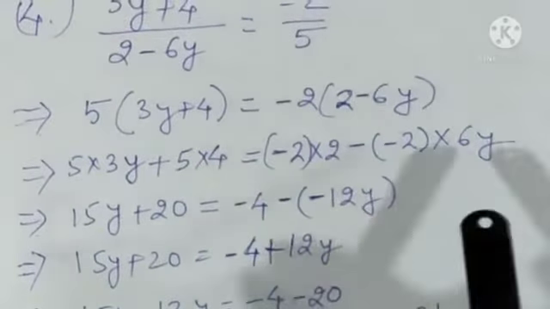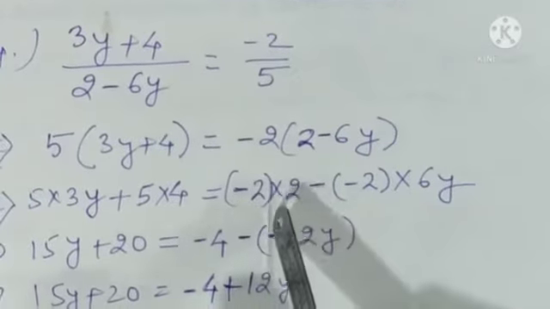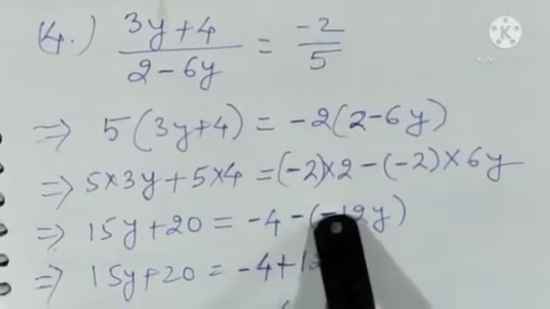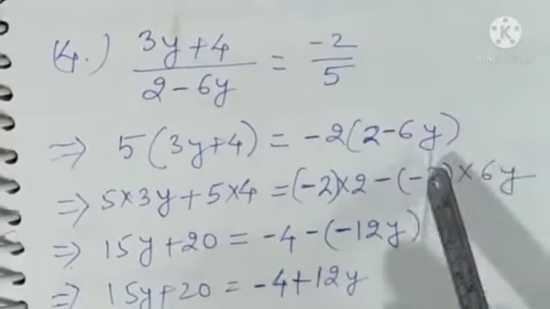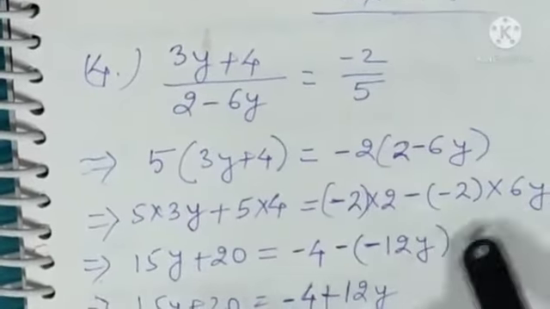Now the second term: you simply multiply 2 into 6, which is 12, and y is as it is. First you copy that minus sign, and that multiplication goes into the first bracket. So we copy the minus sign, and the multiplication is 6 into 2, 12, and y.